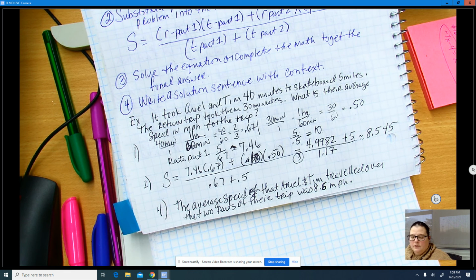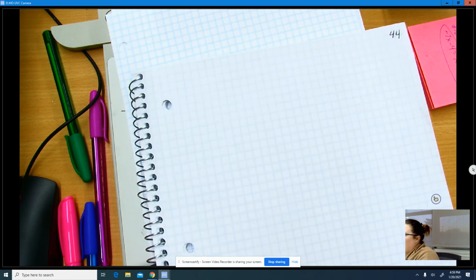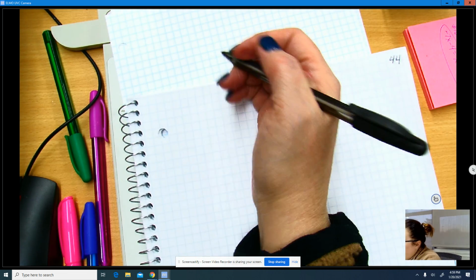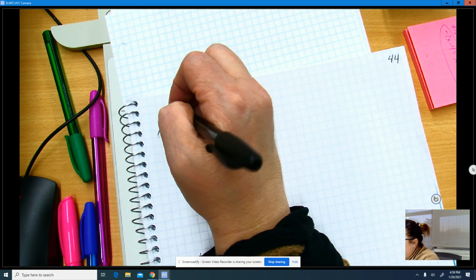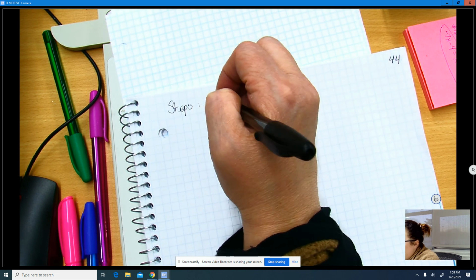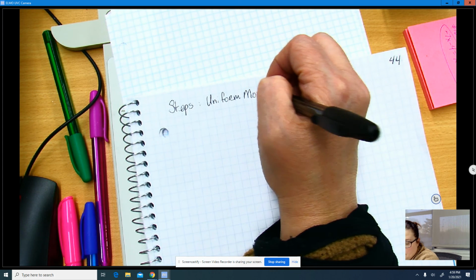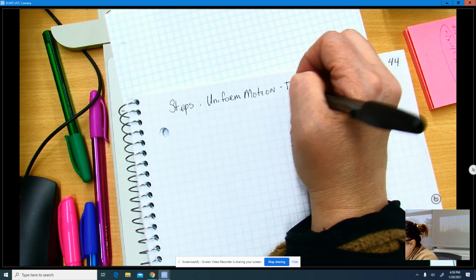The second one is looking at uniform motion problems of 2 objects. Let's go ahead and do number 4. So, steps, uniform motion, two objects.